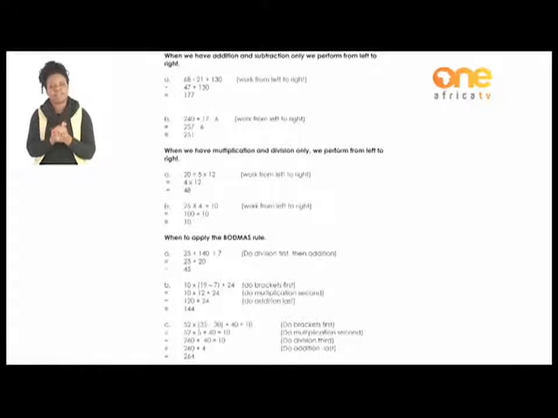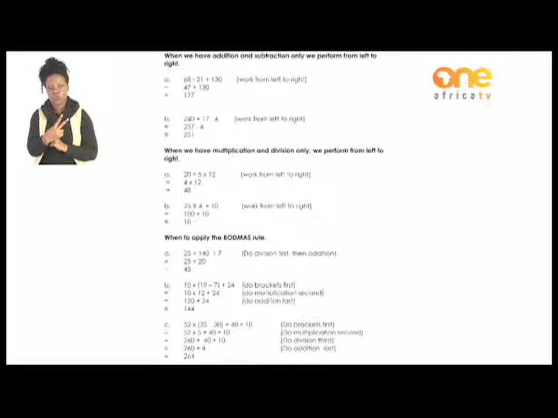So now we're going to do the addition part first. We're going to say 240 plus 17, that part we're going to do first, and that equals 257, minus 6. Now we do the minus part. We say 257 minus 6 equals 251.